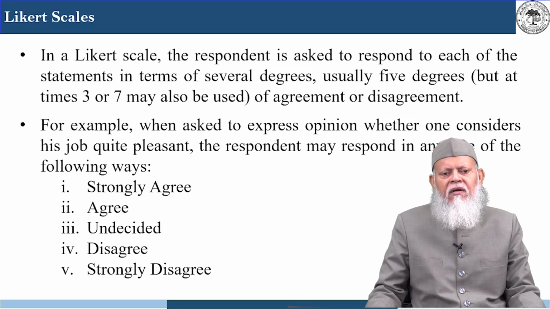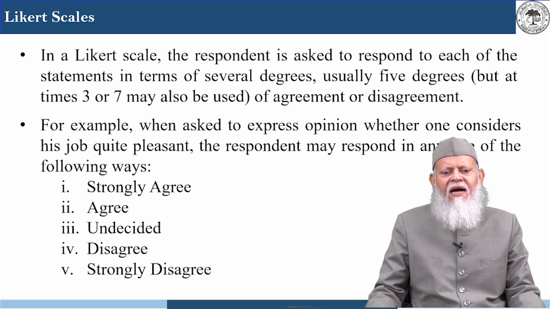It depends upon the kind of research that the researcher is pursuing, whether to adopt a 3-point Likert, 5-point Likert or 7-point Likert, because it all depends upon the availability of the respondents, their understanding and various other things. But the normal is to go for a 5-point Likert scale.